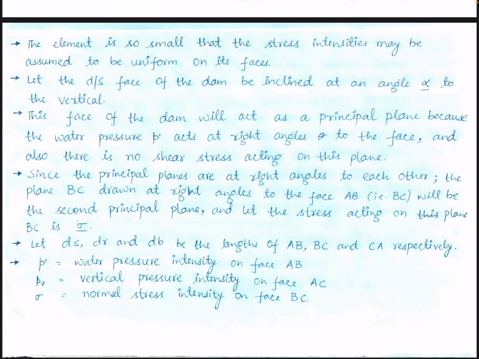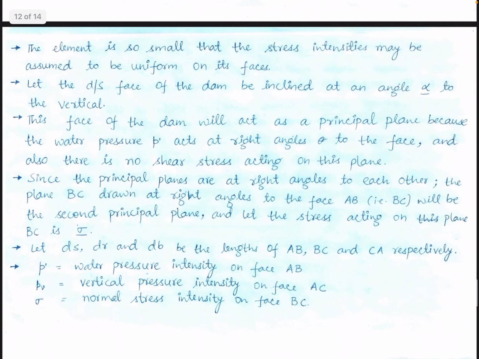Let the downstream face of the dam be inclined at an angle alpha to the vertical. This face of the dam will act as a principal plane, because the water pressure P dash acts at right angle to the face, and also there is no shear stress acting on this plane.